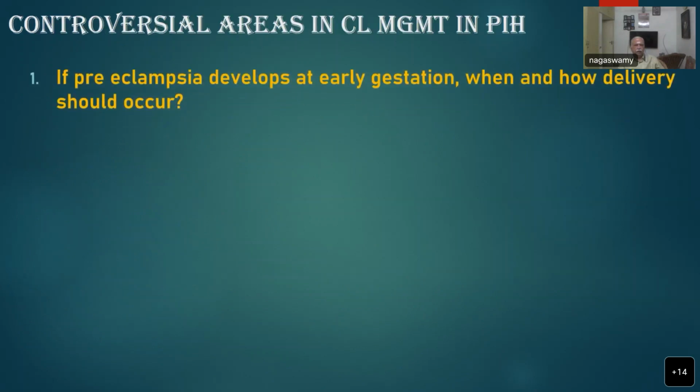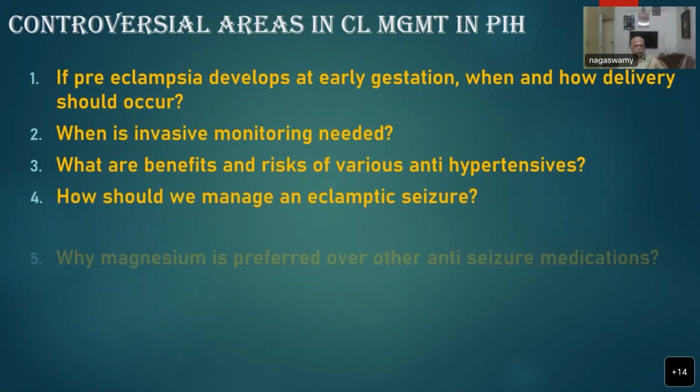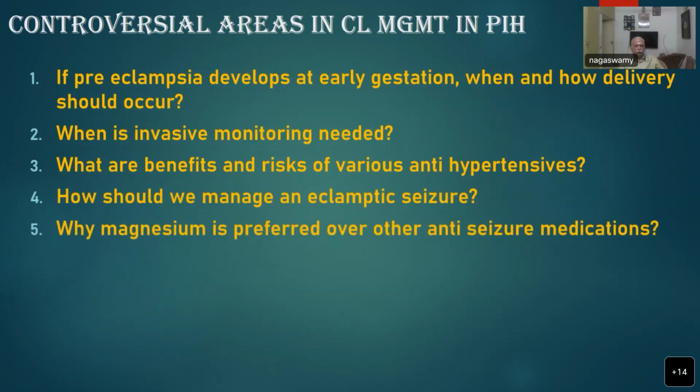Controversial areas in clinical management. If preeclampsia develops at early gestation, when and how should you deliver? When is invasive monitoring needed? This is the second controversy. What are the benefits and risks of various antihypertensives? How should we manage an eclamptic seizure? Why is magnesium preferred over other anti-seizure medications?